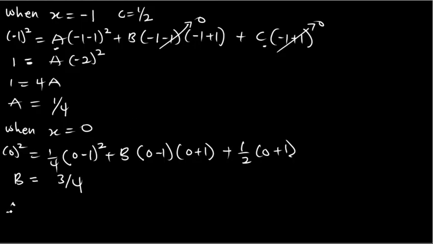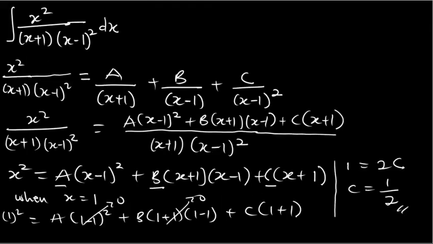Therefore, the value of a is 1 on 4, b is 3 on 4, and my c is 1 on 2. So we can go back to the equation, plug them in, then solve for our final answer.